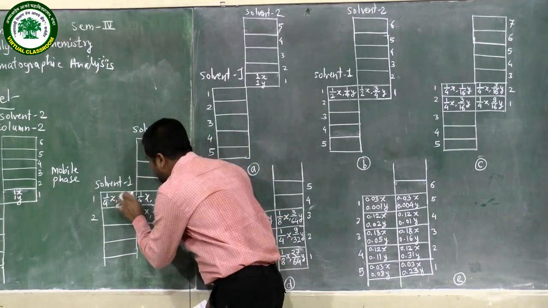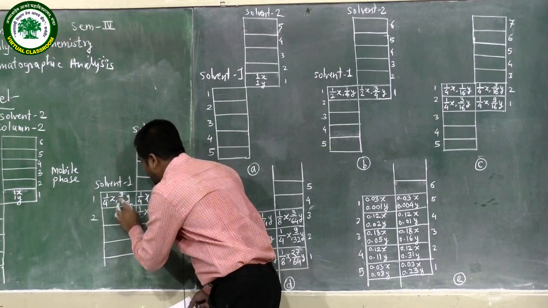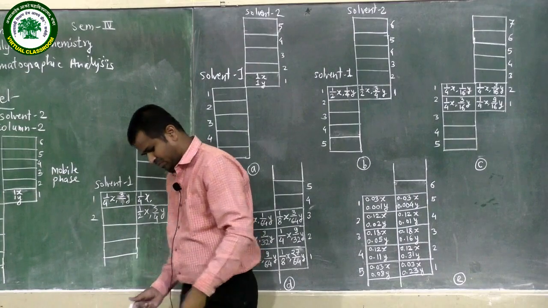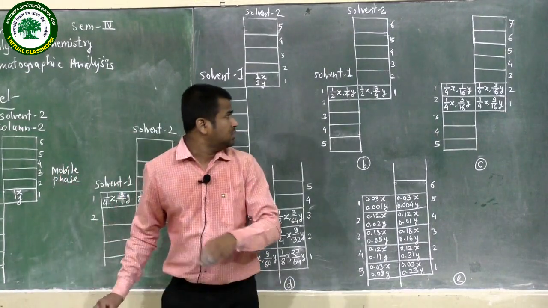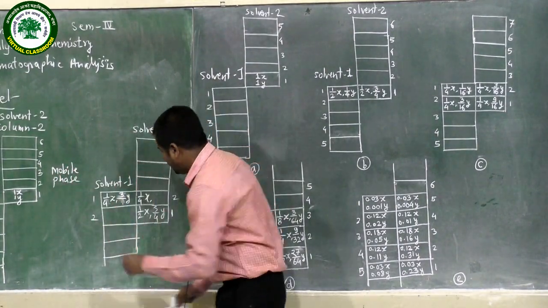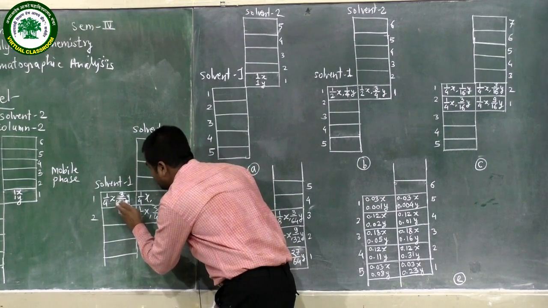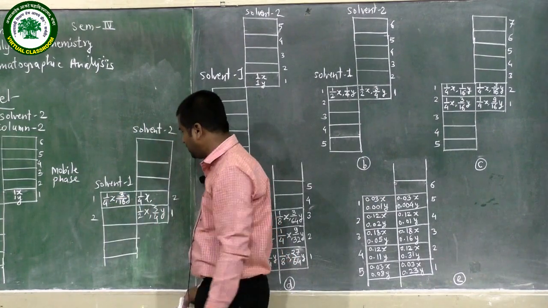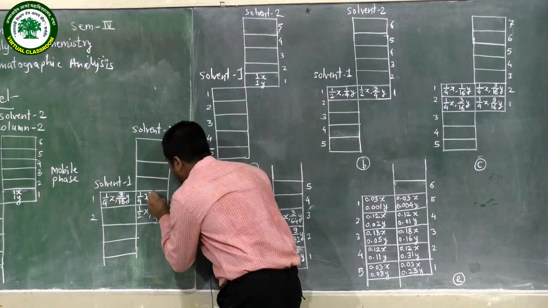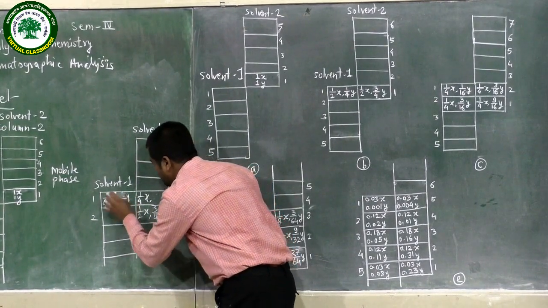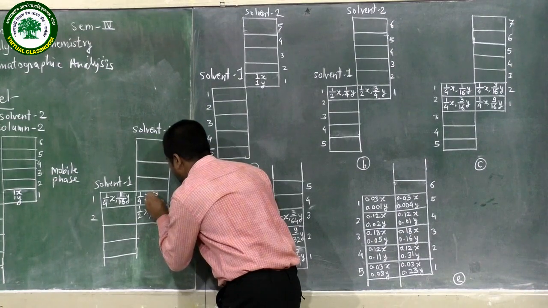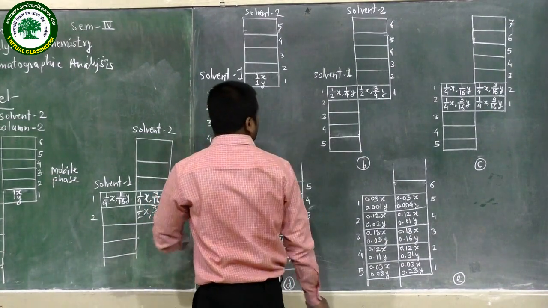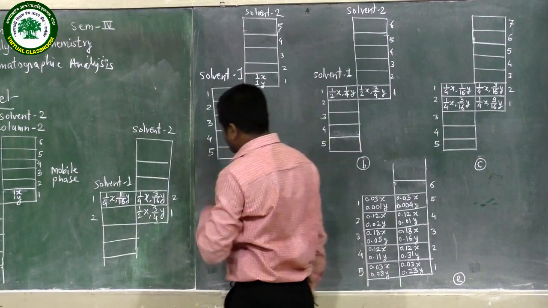So here we get 3/16 y and 1/16 y and 3/16 y, like this.